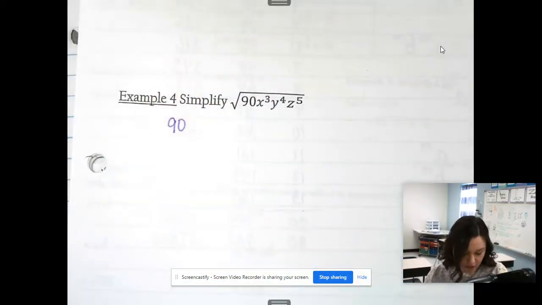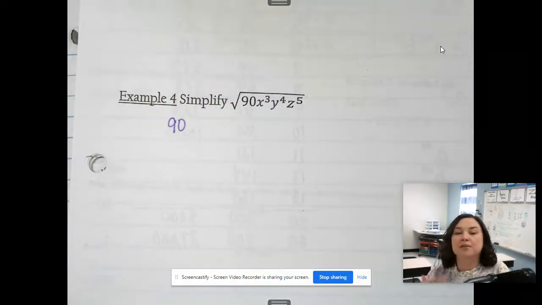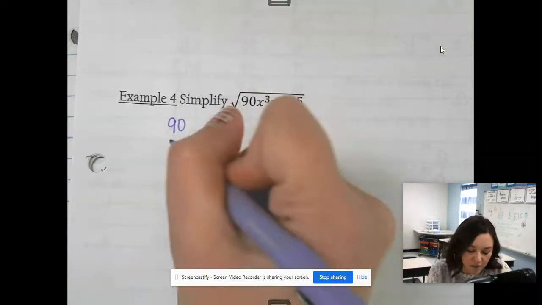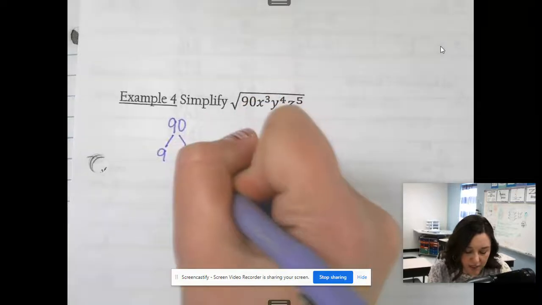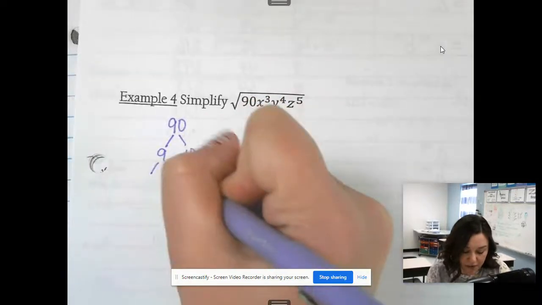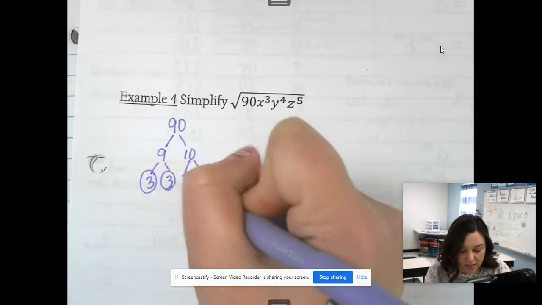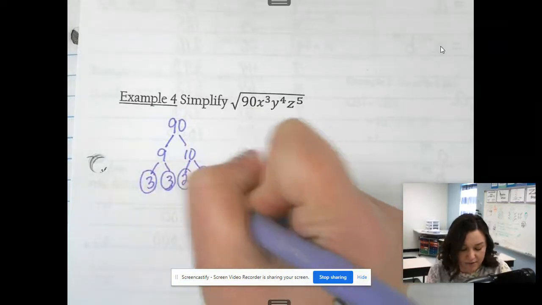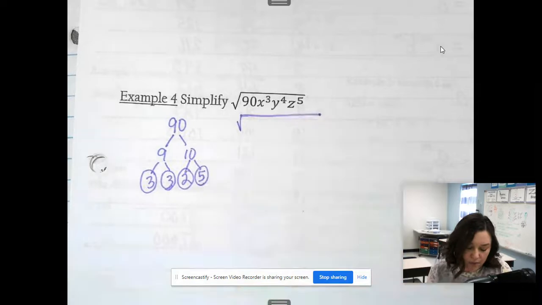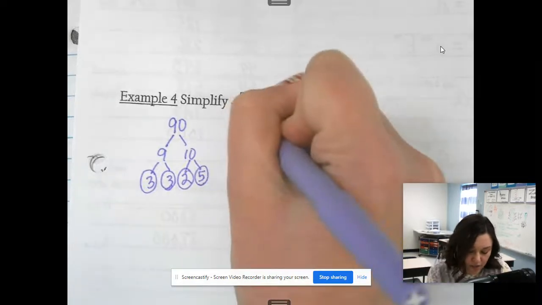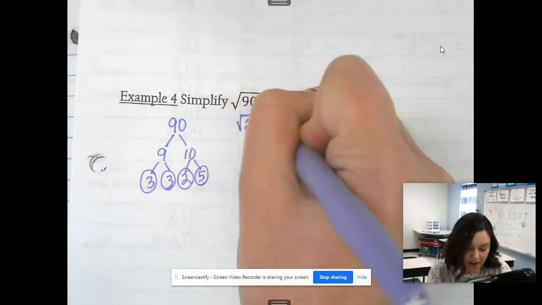If you like the other method where you get the perfect square that goes into it, you can start there. It'll get the same answer. But this is 9 times 10 for me, and I could see that perfect square there. 9 breaks down into 3 and 3, and 10 breaks down into 2 and 5. So when I start this square root, I've got a 2, a 3, a 3, and a 5.